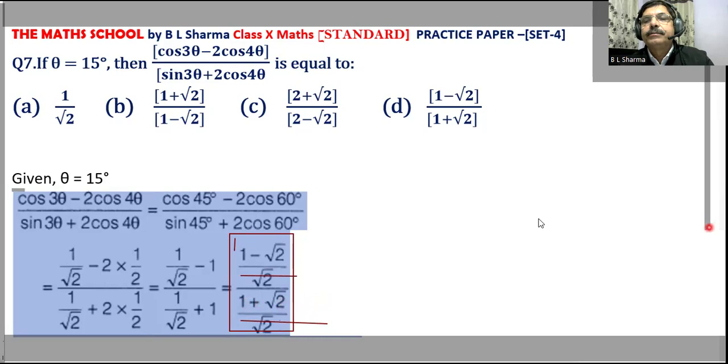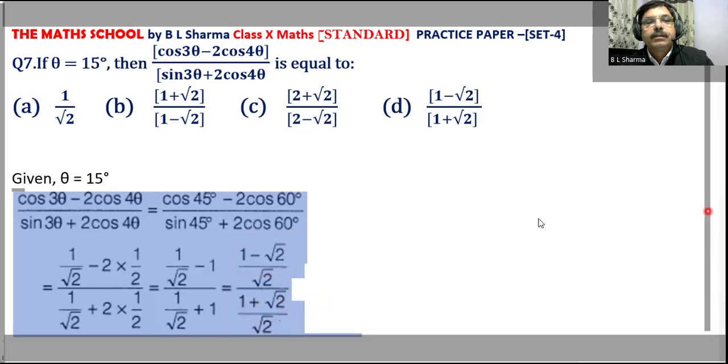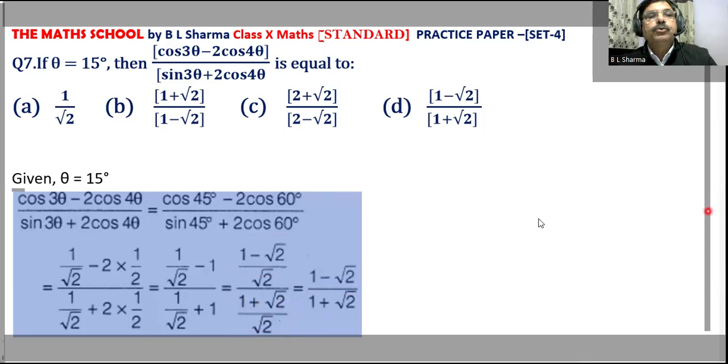That is left. So the answer is 1 minus root 2 upon 1 plus root 2. I think D is the correct option. That's all for this question.